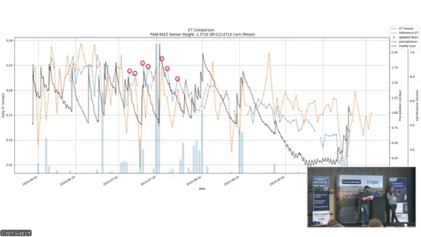The other thing I wanted to point out touches on a conversation we had yesterday. The idealized ET curves that you see in textbooks are really smooth. When we first started showing these graphs to some agronomists in the season, they said, that's really spiky, I did not expect it to look that spiky.